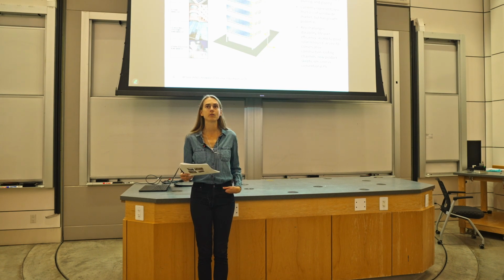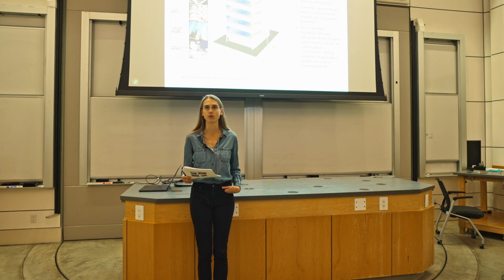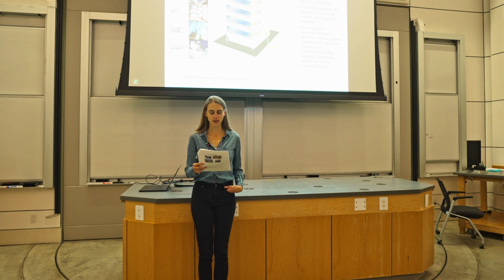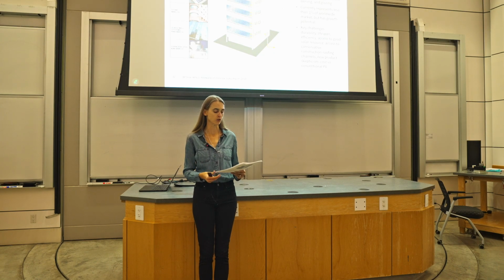Also, the building construction and design industry is a very conservative industry and market to break into. It's really hard to find architects or building contractors that are willing to go out on a limb and try a new technology that they don't have experience with.